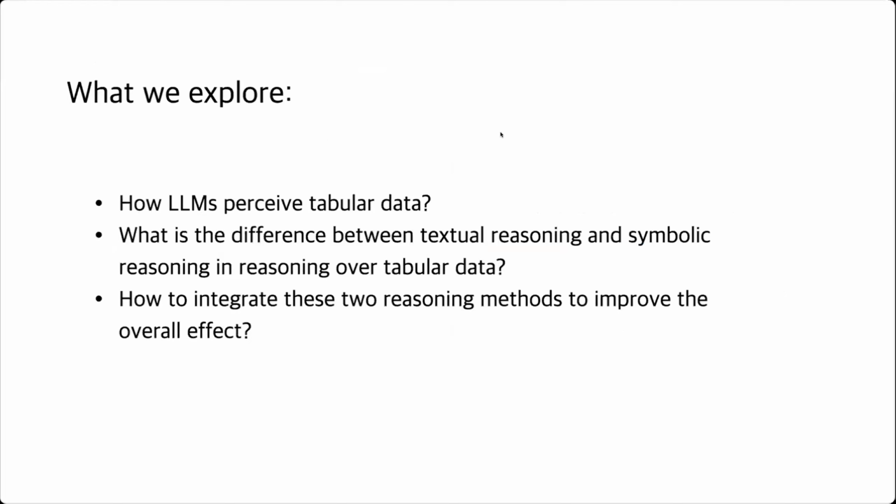First, we investigate how large language models perceive tabular data, trying to understand the model's understanding of table structures. Then we dive into the performance comparison between textual reasoning and symbolic reasoning for tabular data reasoning, and finally we explore how to integrate the two reasoning methods to enhance the overall performance.